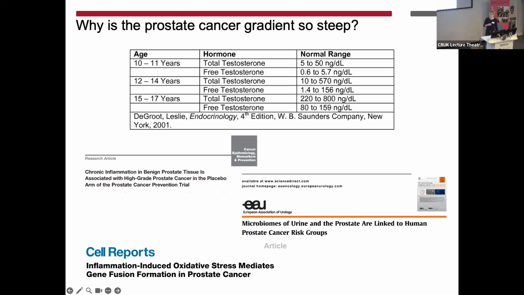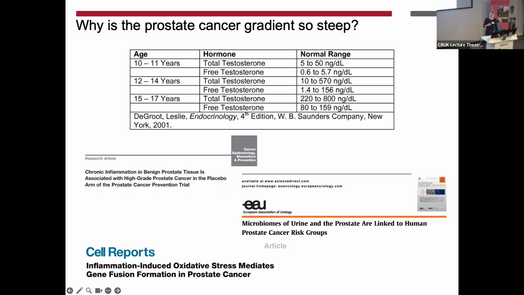And one big area of growth in prostate cancer is the growing recognition of chronic inflammation and potentially the interaction between certain microbial species and chronic inflammation in driving prostate cancer carcinogenesis.